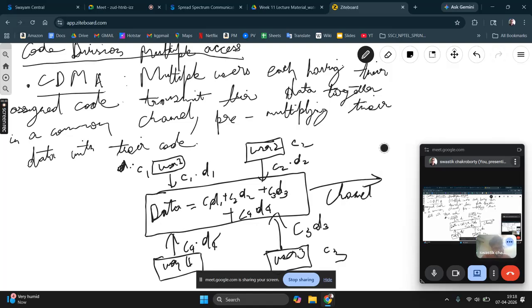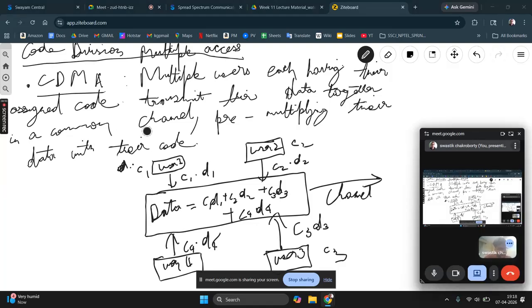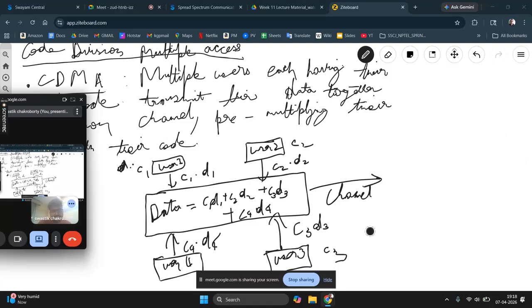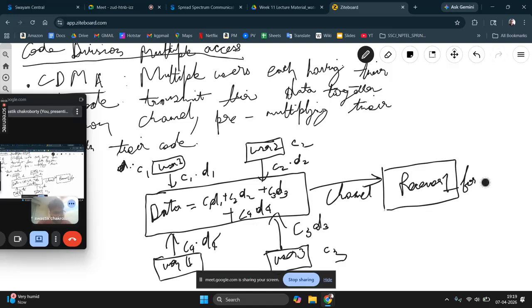At the receiver, say if there is R1, which is the intended receiver for user 1, then it will multiply by C1, such that C1 dot C1 will be 1.